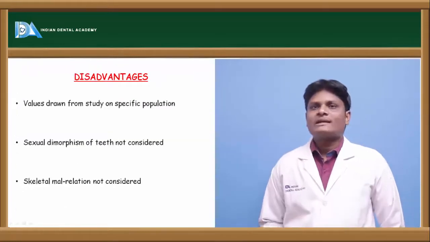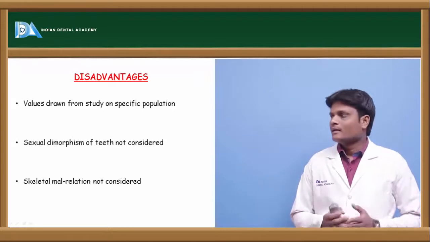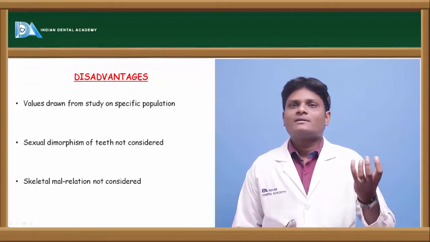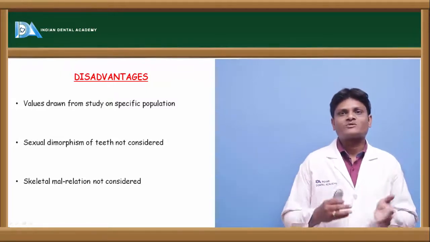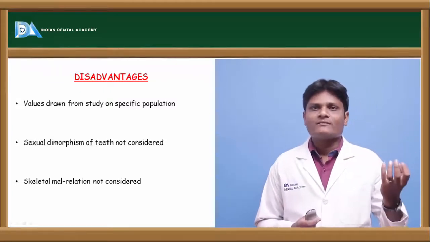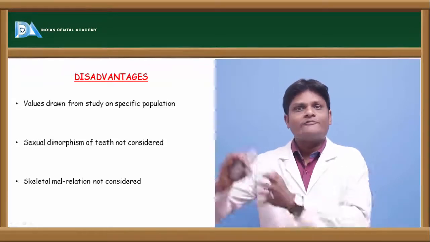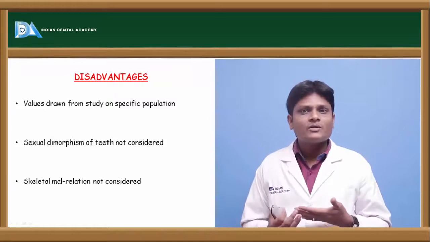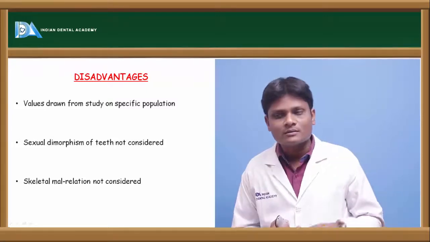As the study models have several advantages, so also there are disadvantages. The main thing is, we have a certain number of analyses proposed by different authors. These model analyses were proposed based on their studies on a different group of population. Now, is it reliable to apply the model analysis uniformly for all groups of population?